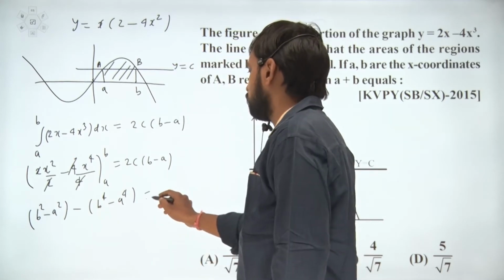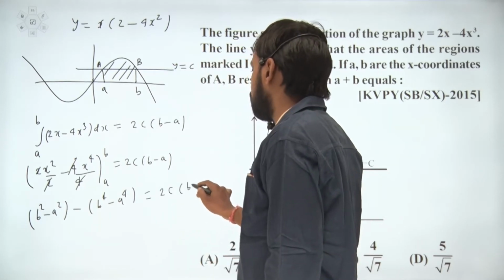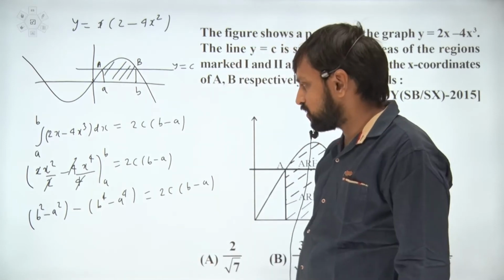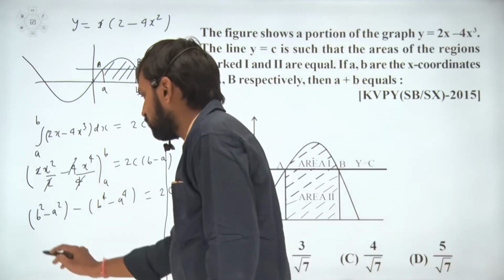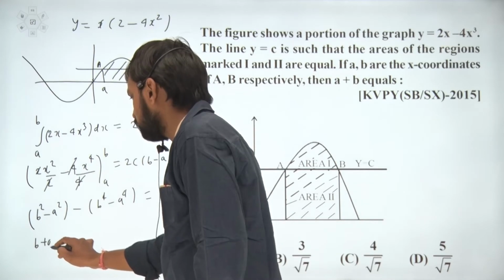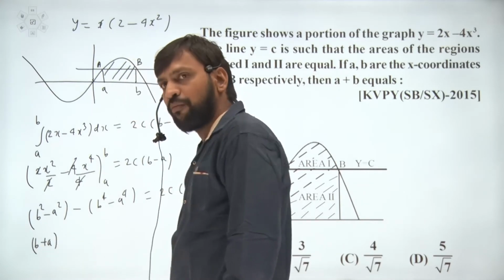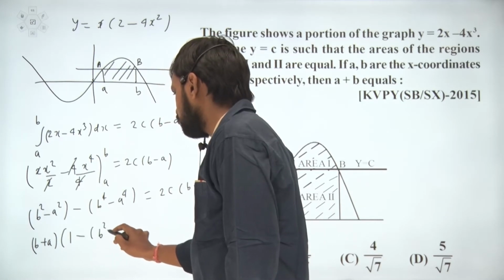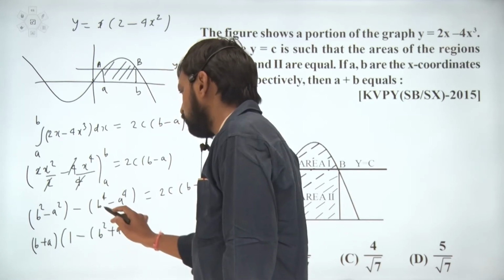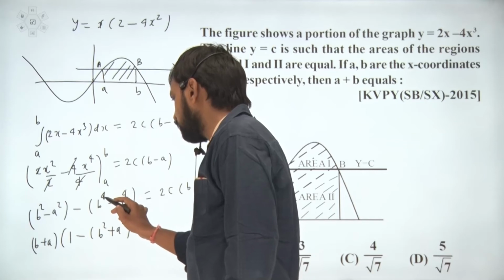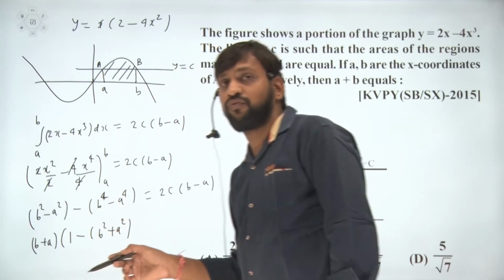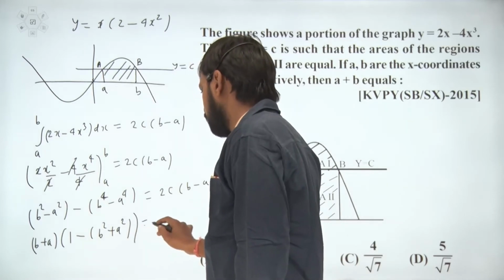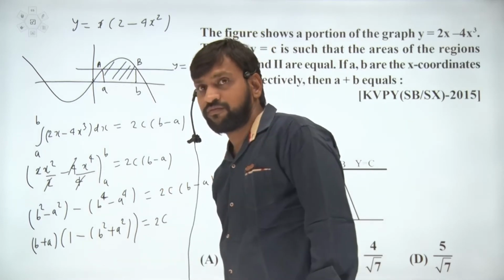Now from here b minus a will be cancelled out from all of these, then we will get b plus a, and b plus a will be common from here, then we will get 1 minus (b square plus a square), because b4 minus a4 is (b square minus a square) into (b square plus a square). Now that will be equal to 2c.